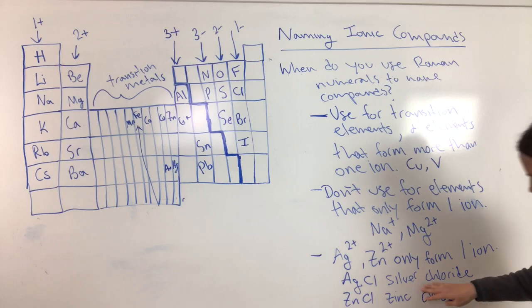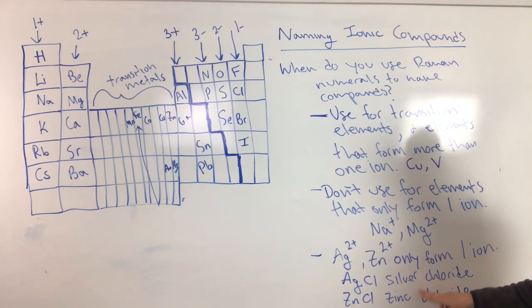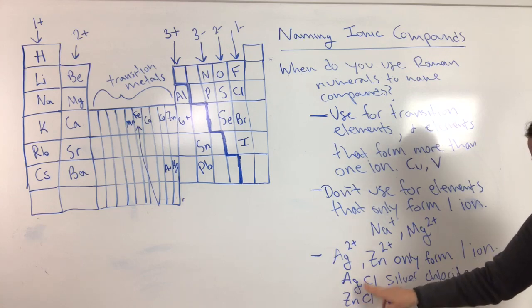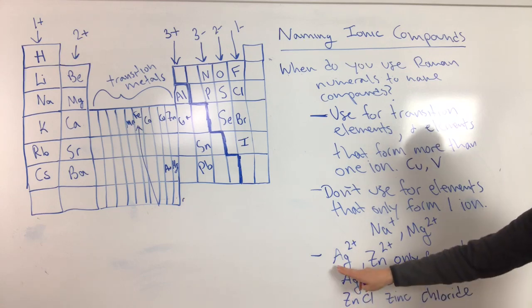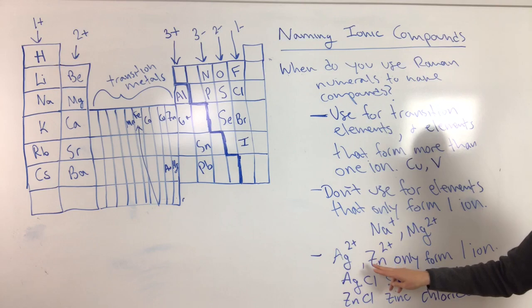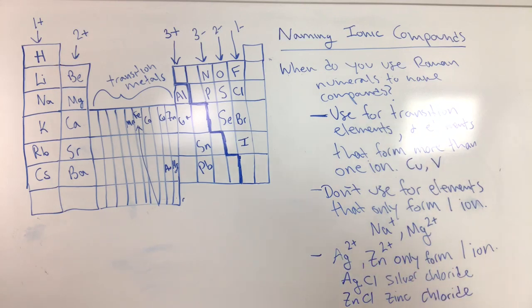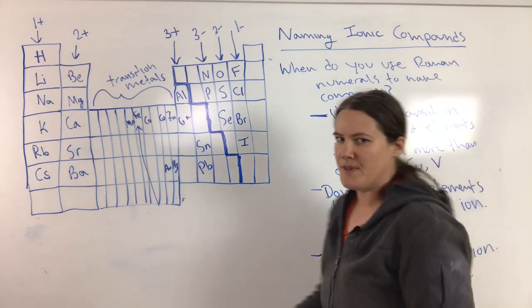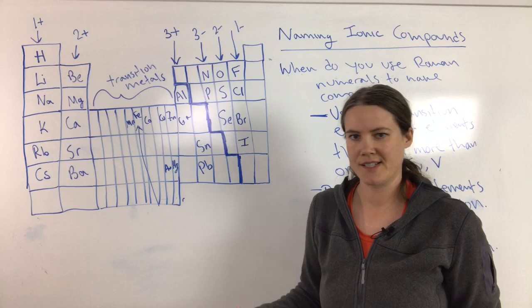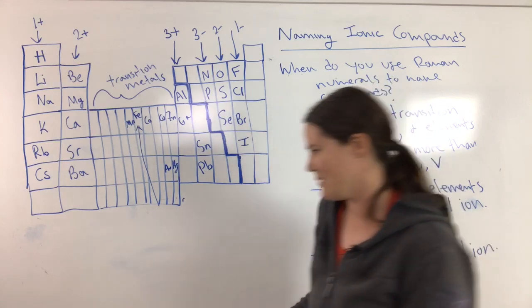Again, the reason we don't need the Roman numeral after silver and zinc is because these only form one ion. So silver always has a 2+ ion, and zinc always has a 2+ ion. So now that we have some rules and some exceptions, let's do a whole bunch of examples.